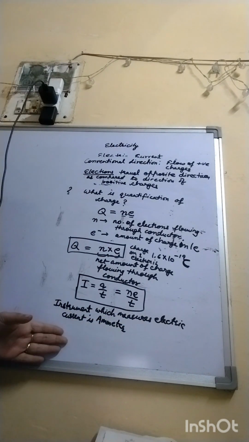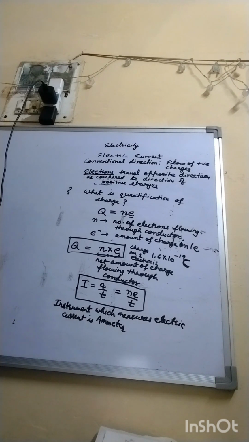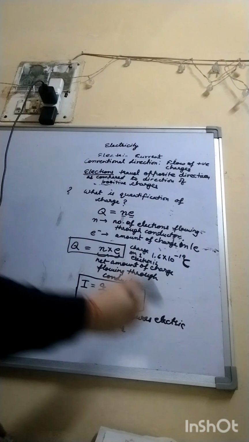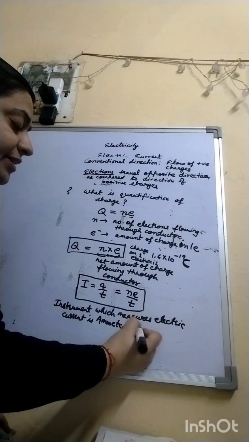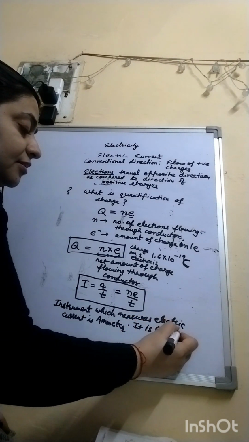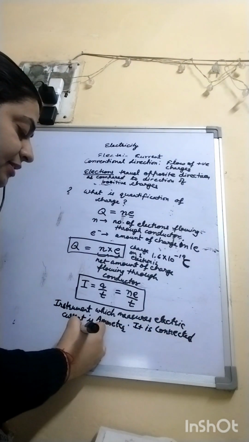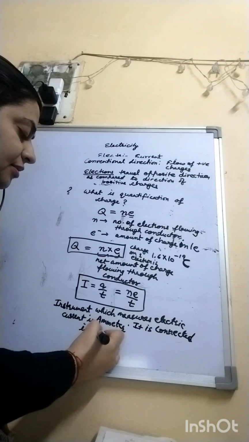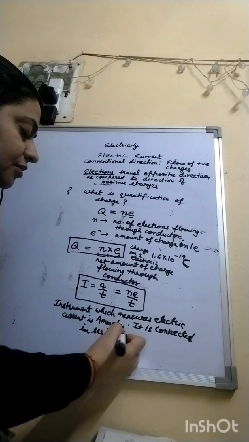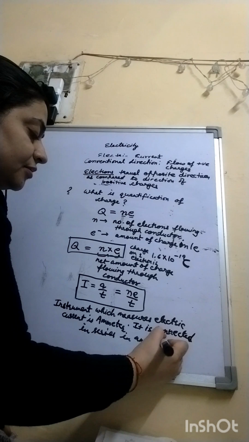In further classes, we will understand what an ammeter is, etc. The instrument which measures electric current is called an ammeter, and it is connected in series in an electric circuit.